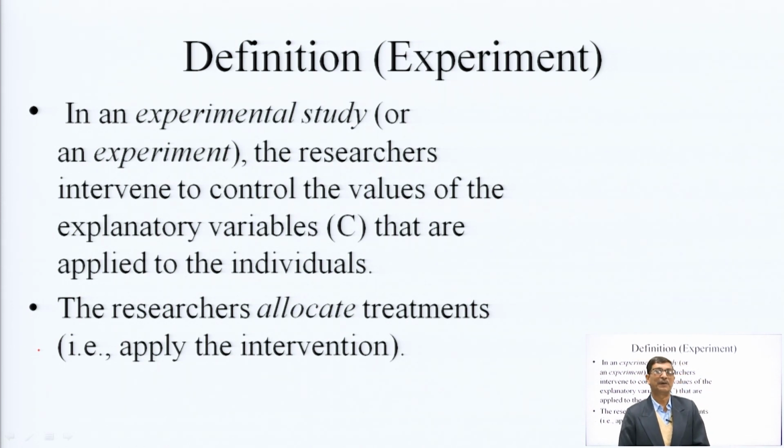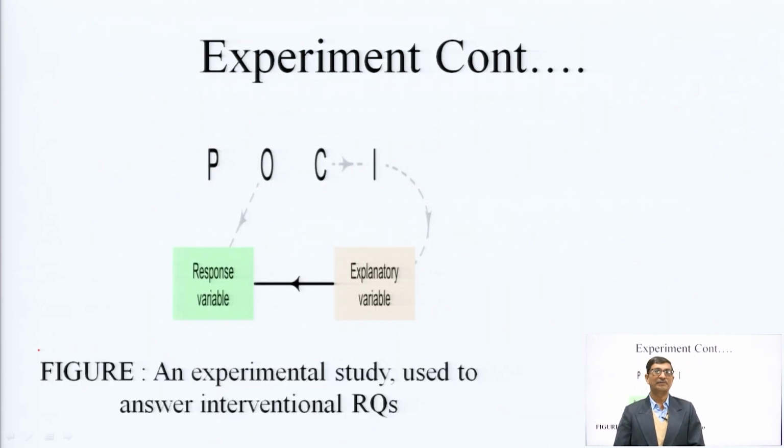Before reading experimental study, we note some terms, but first is the definition of experiment. In an experiment, the researcher intervenes to control the values of the explanatory variable that are applied to the individual. The researcher allocates treatments, that is, applies the intervention.